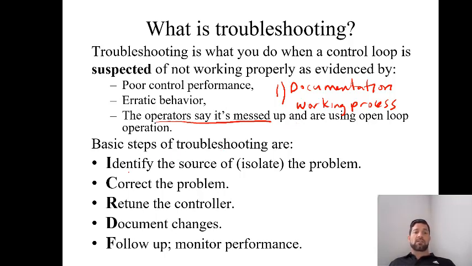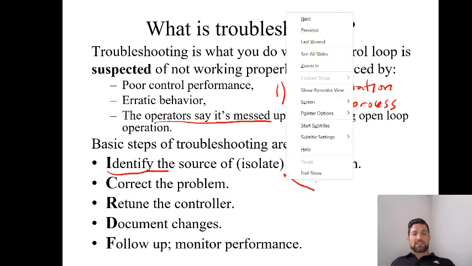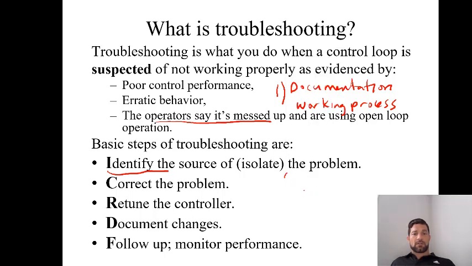So the first thing, after suspecting that it's not working properly, is we need to first identify and also isolate the source of the problem. I should point out here, in order to do this effectively, in order to isolate, you need to understand what the potential problems are.